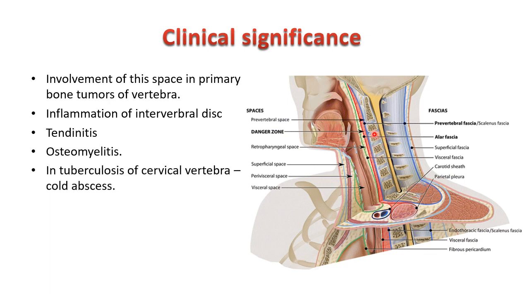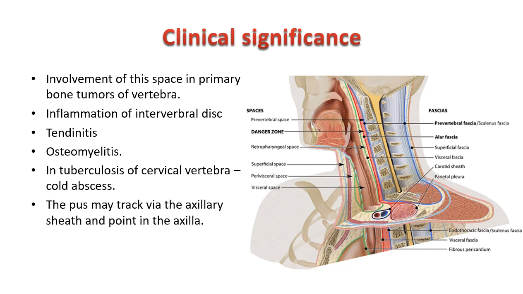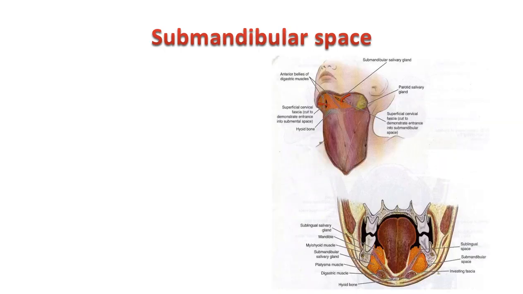In tuberculosis of the cervical vertebra, you form a cold abscess. The pus from this space might pass laterally via the axillary sheath, trunks of the brachial plexus, and it might also point to the axilla. So that is the prevertebral space.